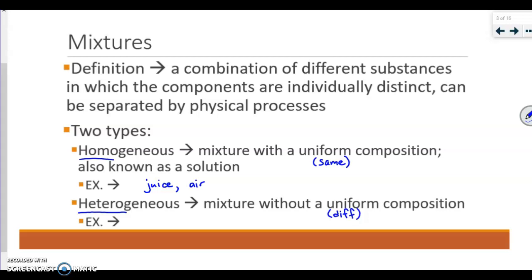Heterogeneous examples, things like a jar of coins. Okay, maybe some milk and cereal. And we can see the differences in those, so they're heterogeneous. Let's continue.